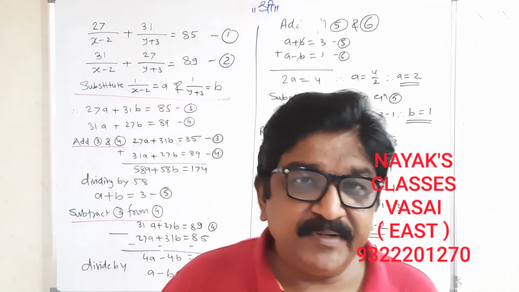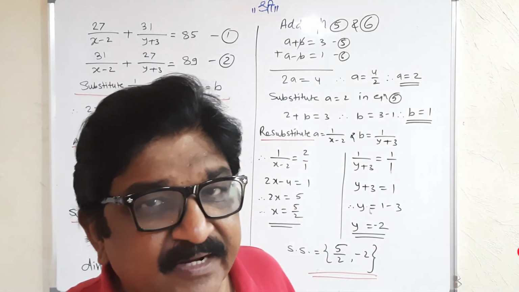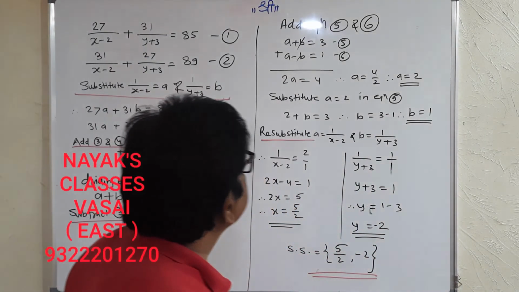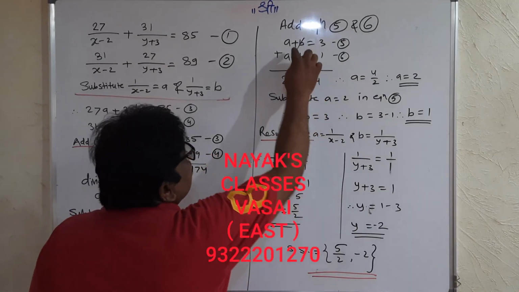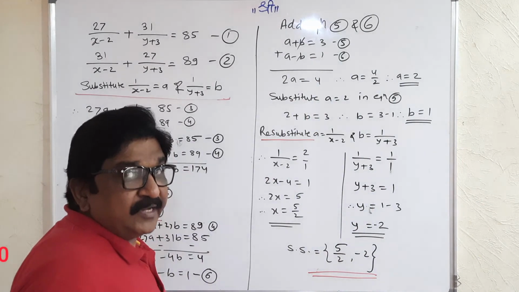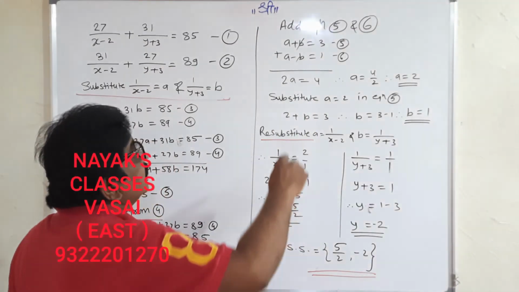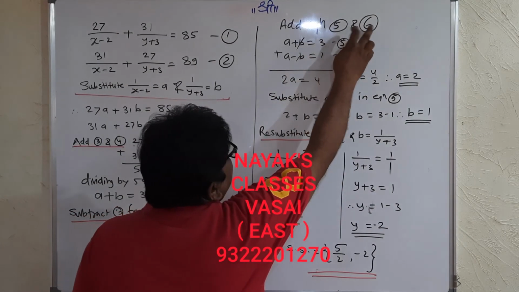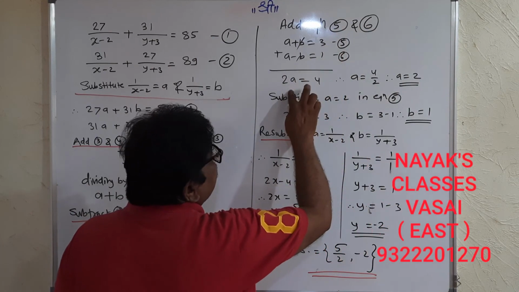Now we have to operate equation number 5 and 6. These two are opposites, plus b minus b, so we have to add. After adding 5 and 6, we got 2a is equal to 4.